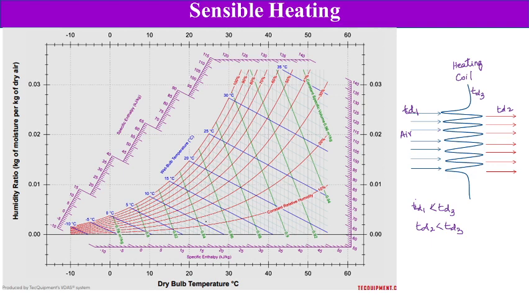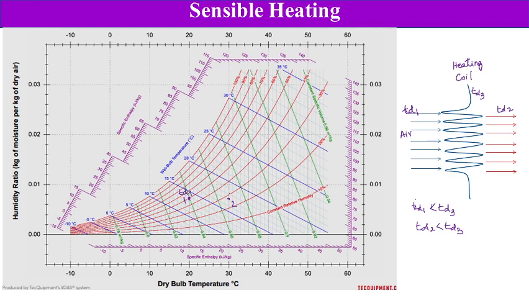the psychrometric chart. Let us consider the air entering this coil at TD1, which is at a dry bulb temperature of 20 degrees Celsius. Say this is point 1. At point 1, air enters this coil, and because of heating, its temperature changes from 20 degrees Celsius to 30 degrees Celsius, so it comes out at temperature TD2.